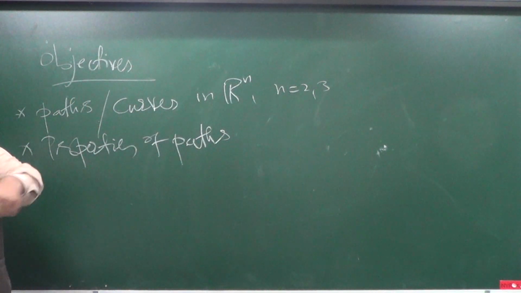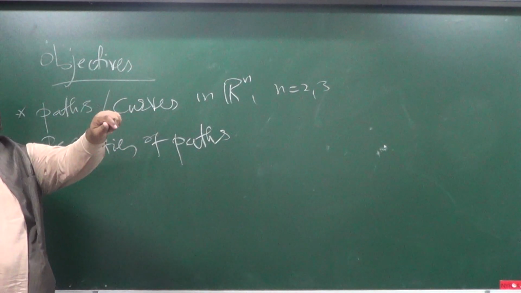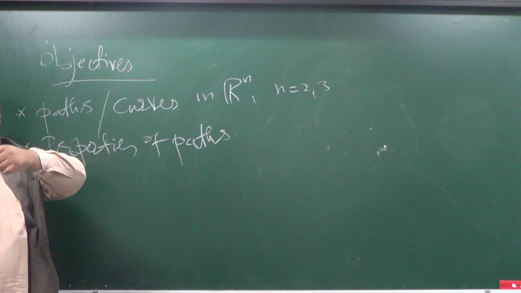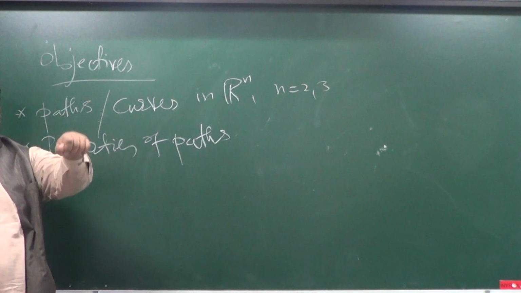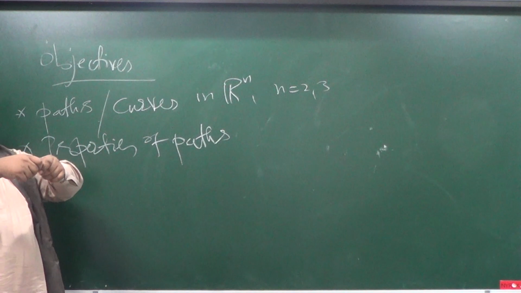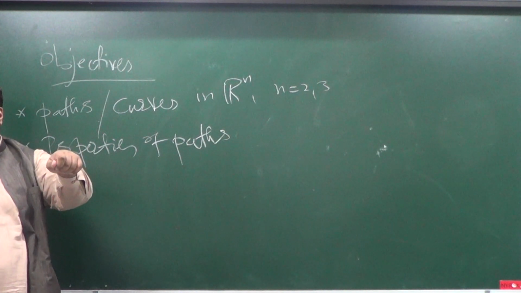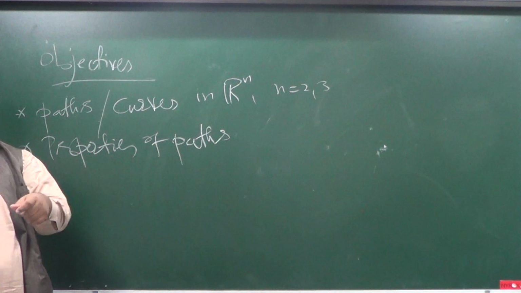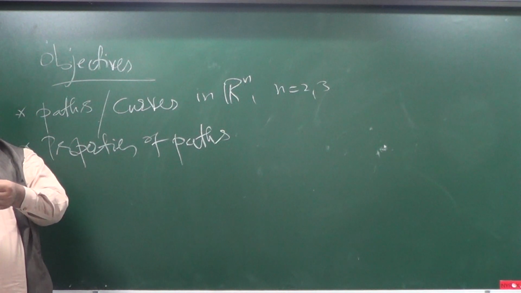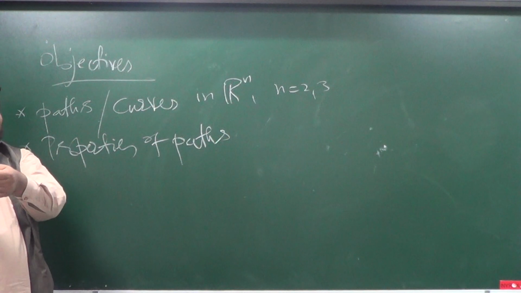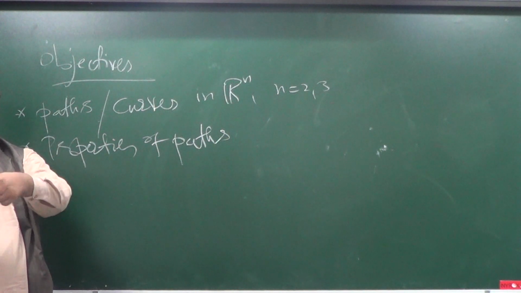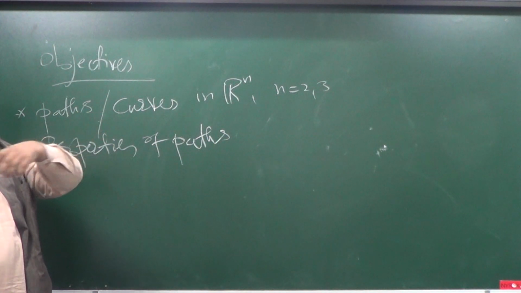In other words, if you have been given a path in a space, how to say that this path is a good path, or how to say that this path is a differentiable path, for example, or a smooth path? For a path you can also naturally ask the question: what is the length of this path?